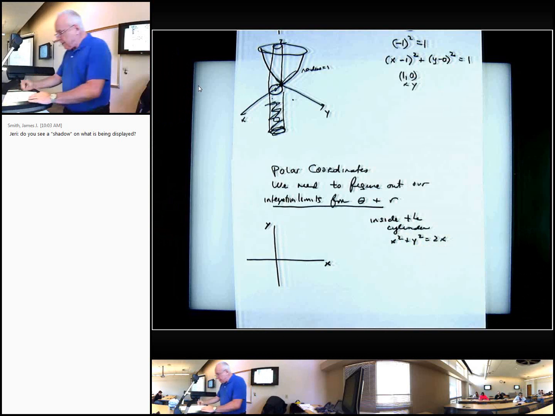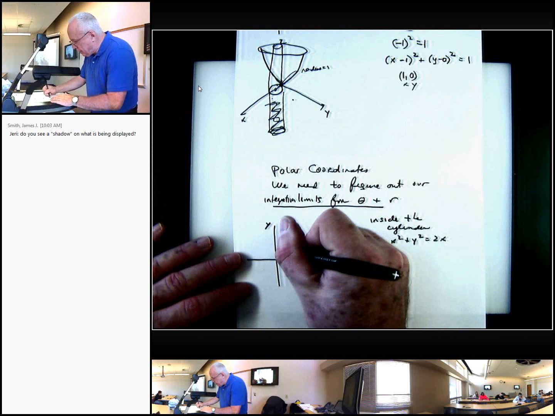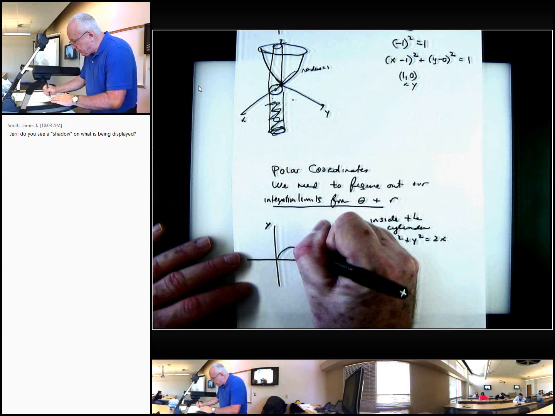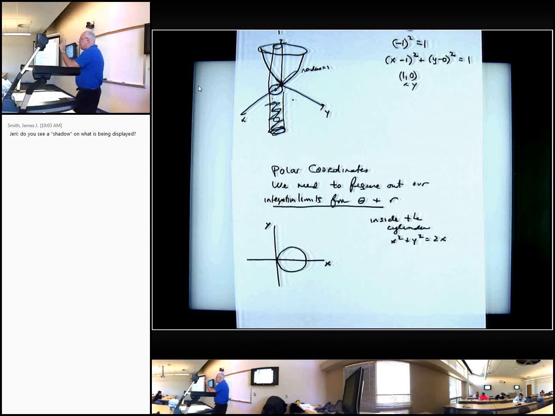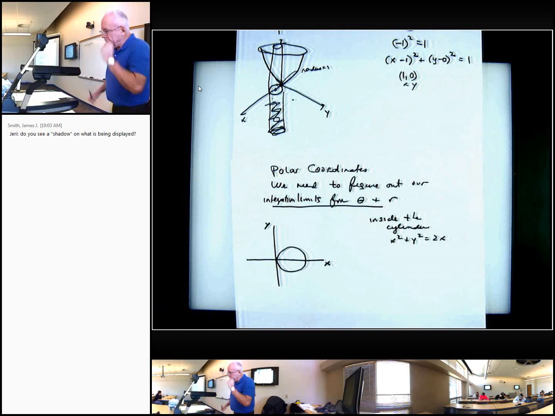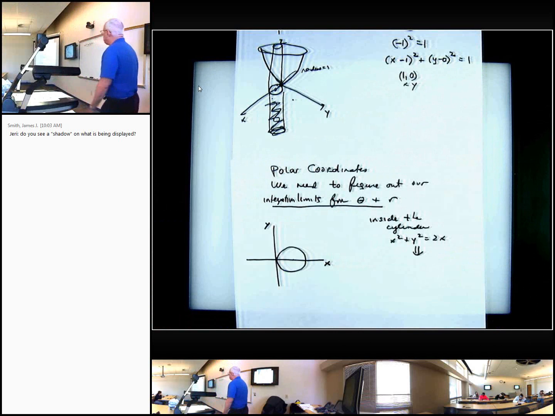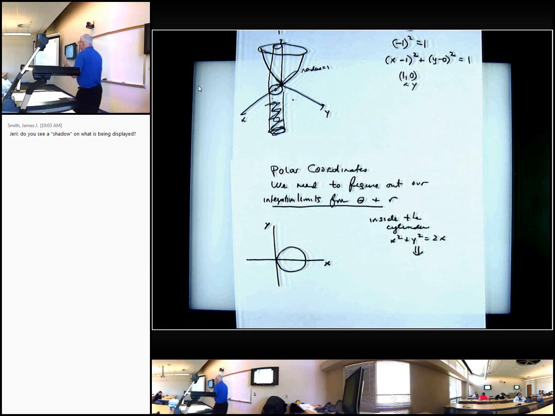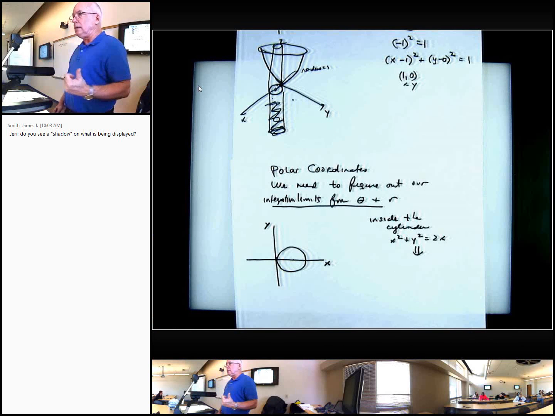And we've already found out that this cylinder on the xy plane is going to etch out this nice circle where at x equals 1, y equals 0. Let's get this in terms of polar coordinates. What would be the right side of that formula in terms of polar coordinates? What's x squared plus y squared equal to?